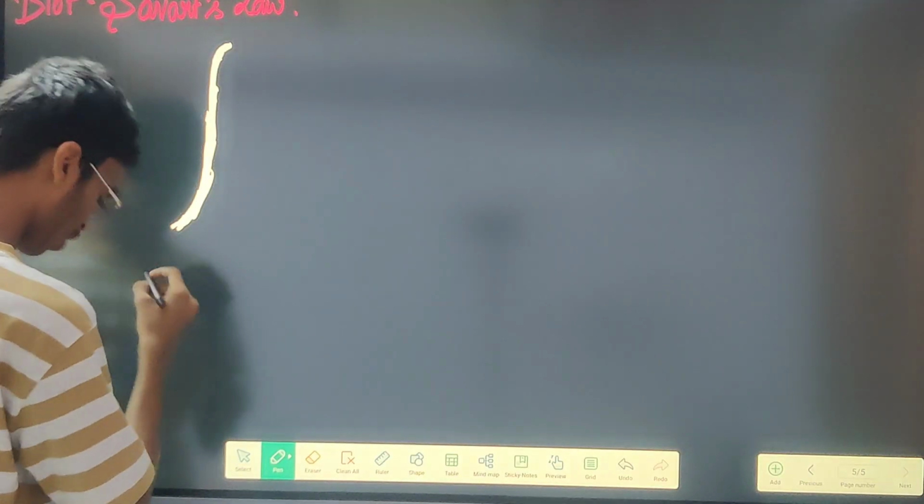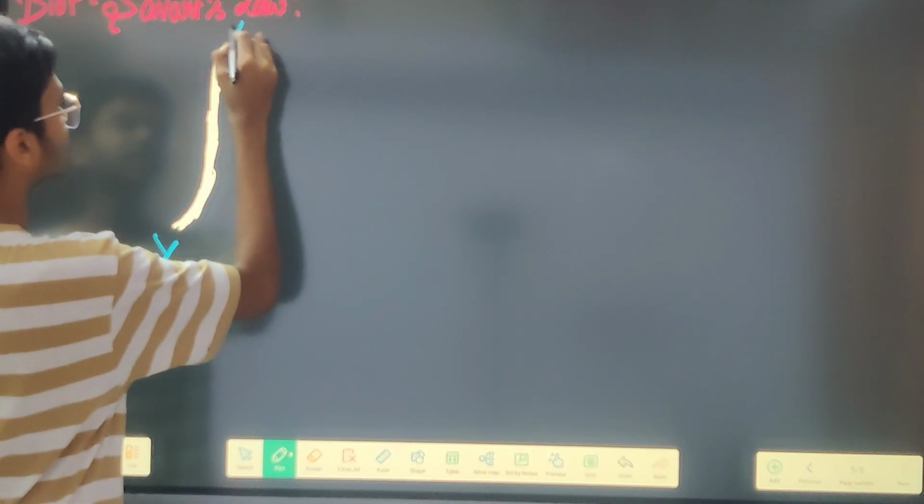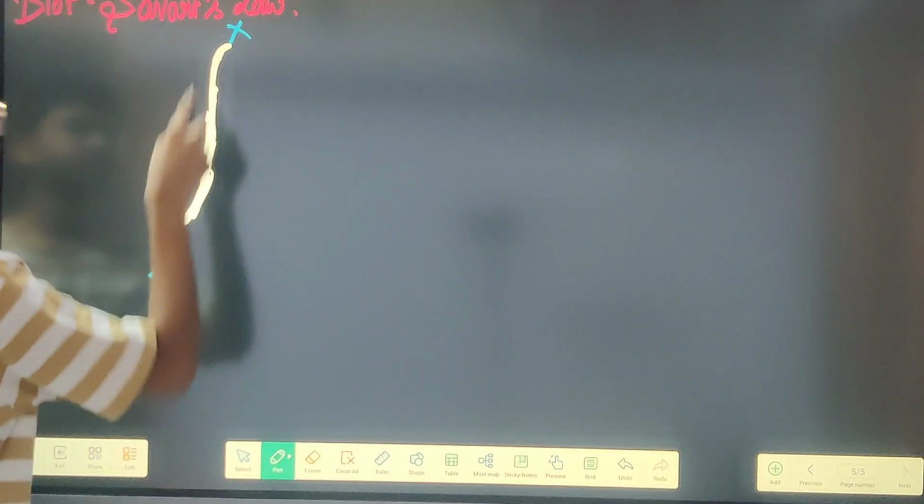Okay, so I'm going to keep this point as y, this point as x. Then these two are connected with a wire.